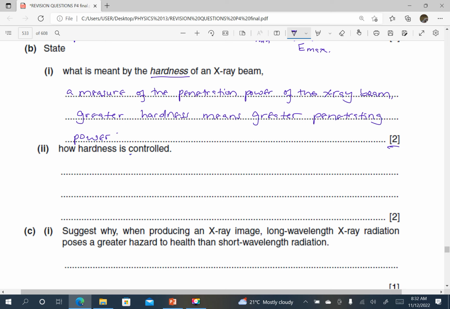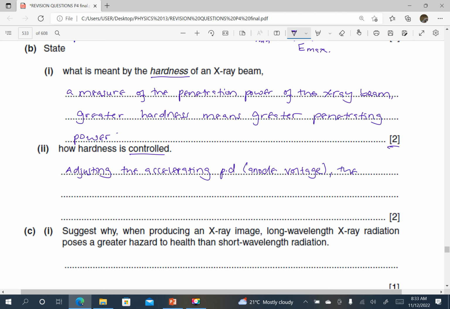So to control hardness, we just adjust the accelerating PD, which is sometimes called the anode voltage.